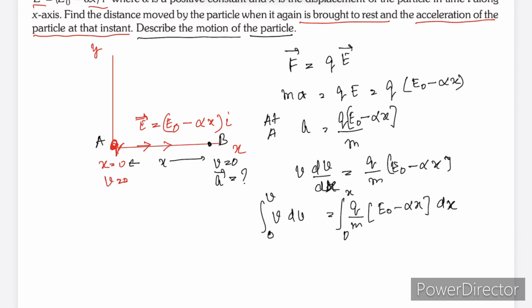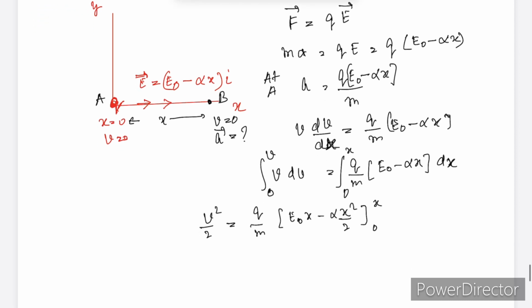So v square by 2 must be equal to q upon m into (E0 x minus alpha x square by 2).